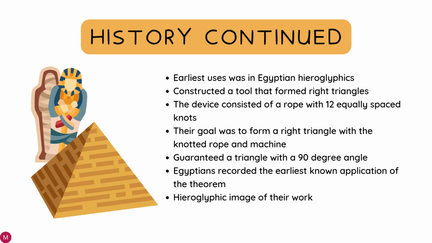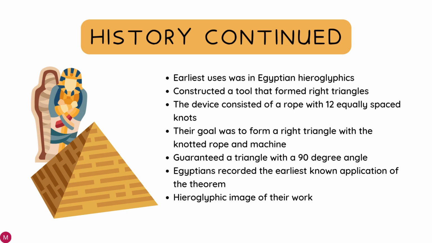Although the theorem has long been associated with the philosopher Pythagoras, it is actually far older. One of the earliest recorded uses of the Pythagorean theorem, or the idea of it, was in Egyptian hieroglyphics. Some Egyptian workers constructed a tool which formed right triangles by measuring the distance of each side of the triangle.